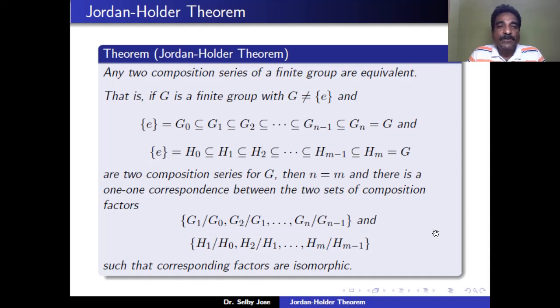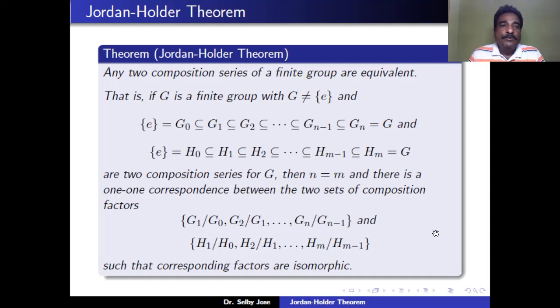That means there is a 1-1 correspondence between the factor groups of the first composition series, which is G1 mod G0, G2 mod G1 and so on, Gn mod Gn-1, and the set of factor groups of the second composition series, H1 mod H0, H2 mod H1 and so on, Hm mod Hm-1. And there is a 1-1 correspondence between these two sets and the corresponding factors are isomorphic.